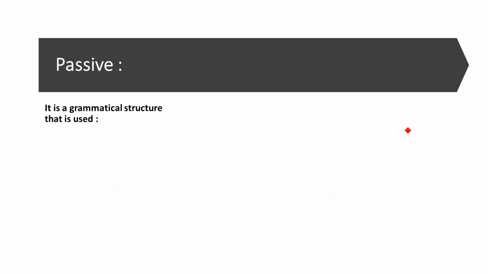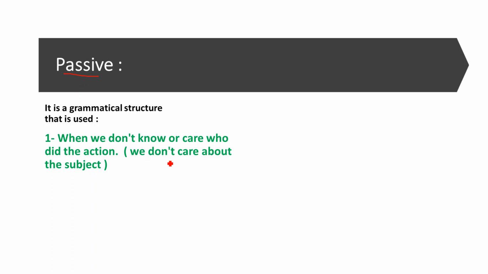Now the second part is about the passive عن المبني للمجهول, which is a grammatical structure that is used, هو عبارة عن قاعدة تستخدم أولا when we don't know or care who did the action. We don't care about the subject. عندما ليس لدينا أي فكرة من هو الشخص الذي قام بالفعل، أو we just don't care، نحن غير مهتمين بذكر هذا الفاعل.